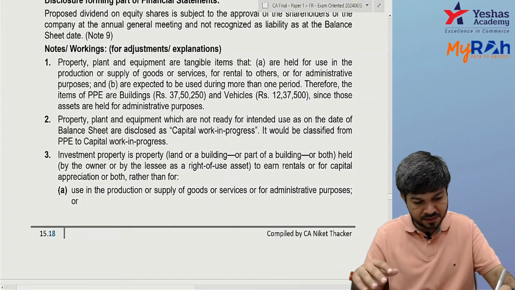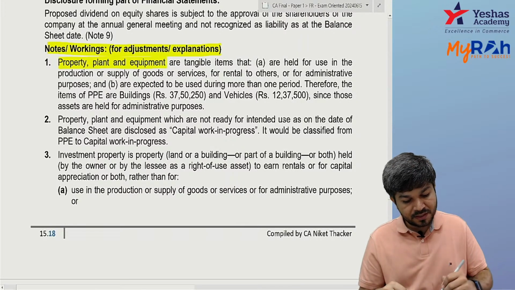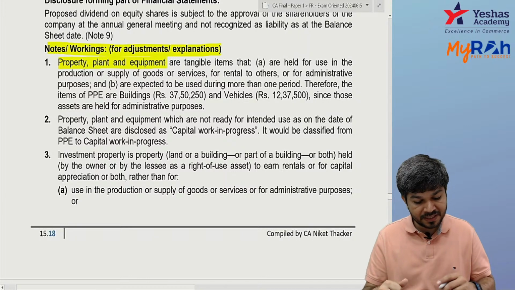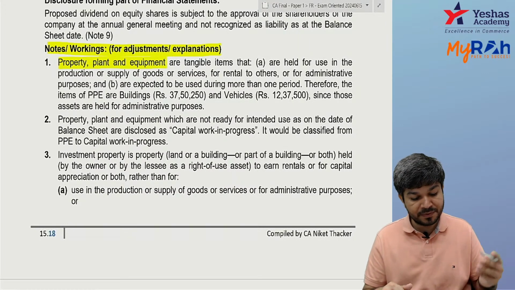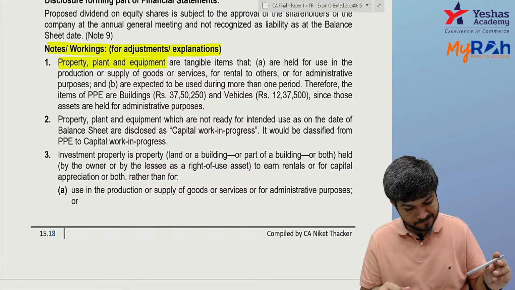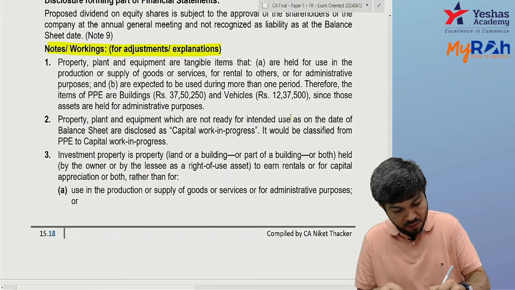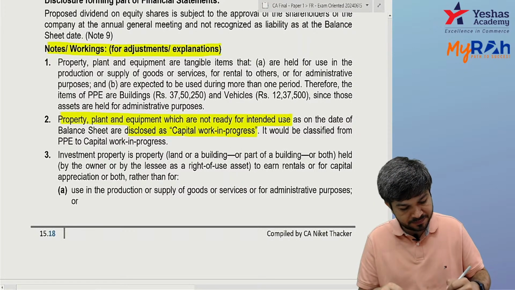And see, these are the notes or explanation, whatever I said, for PP. Under PP, they have given basically only two items: investment property removed, CWIP removed. PP not ready for intended use is disclosed as CWIP.